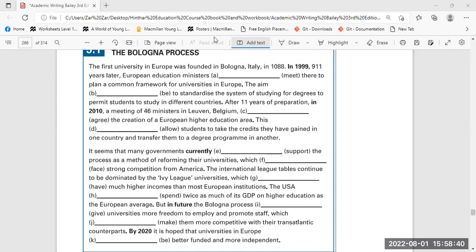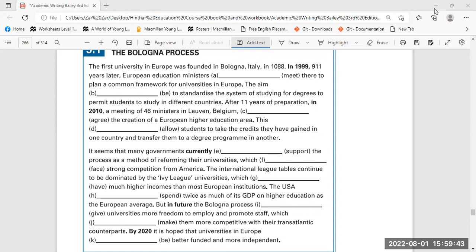Okay, have you guys decided yet? But why letter B?